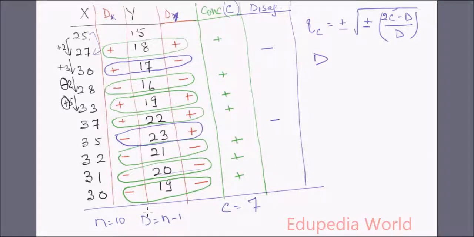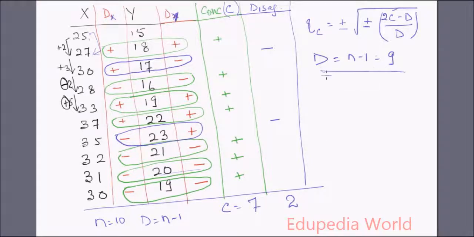So that's one way. So D is equal to n minus 1, which is equal to 9 here, 10 minus 1. Another thing is you can count the number of pairs of the signs which you have marked, 1 2 3 4 5 6 7 8 and 9. Or the third way is that it is the sum of the concurrences and disagreements. We see that there are two disagreements, so it's 7 plus 2 is again equal to 9. So your D is equal to 9.